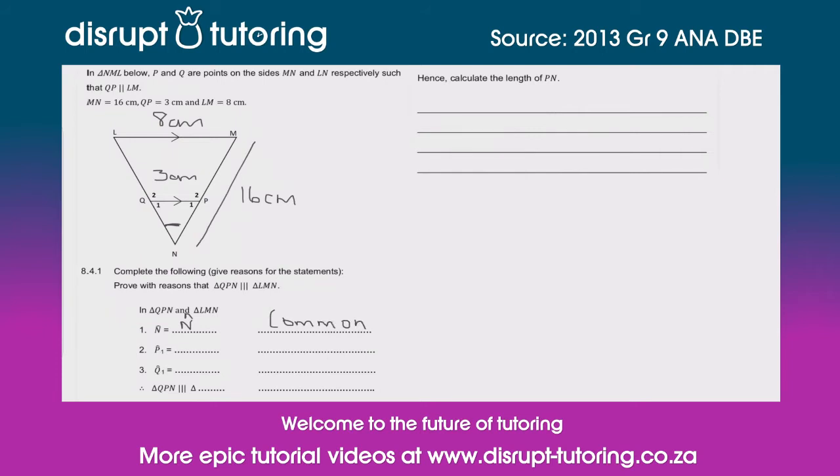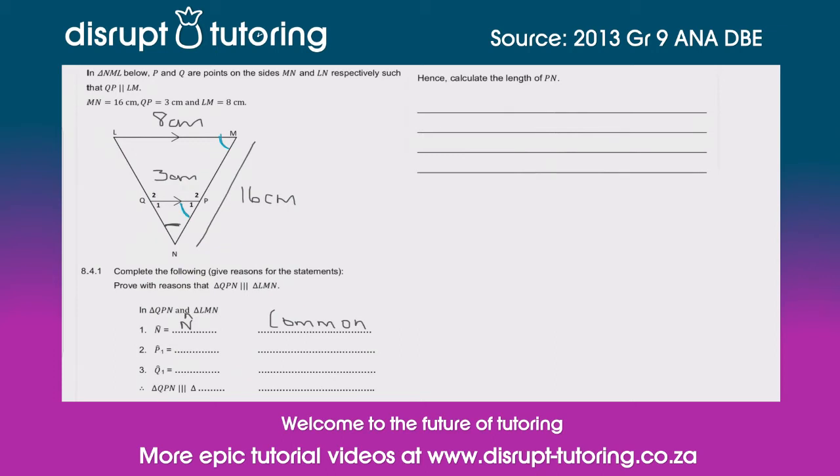Moving on to P1. So we've got P1 over here. Which one is that equal to? Now what's useful is we've got these parallel sides. And you see we've got this backward F that's sitting over there. So that would mean, and I'm going to change my pen color just so it's clear, that P1 is equal to M. Why? Because we've got parallel sides.